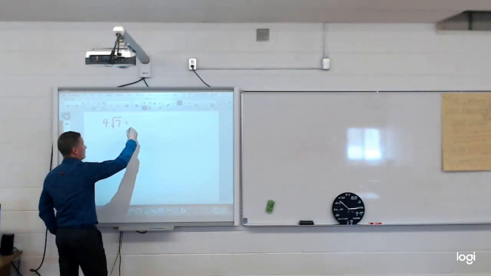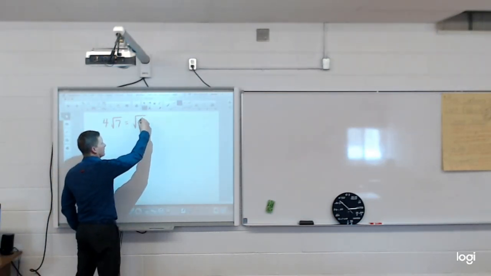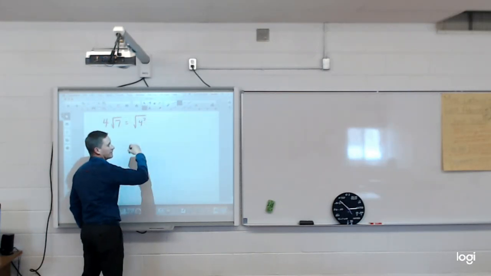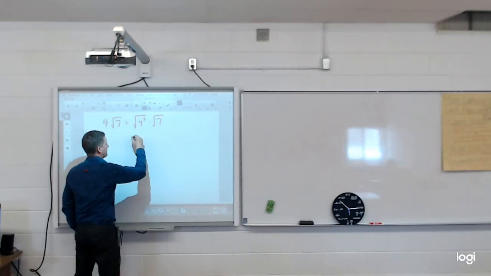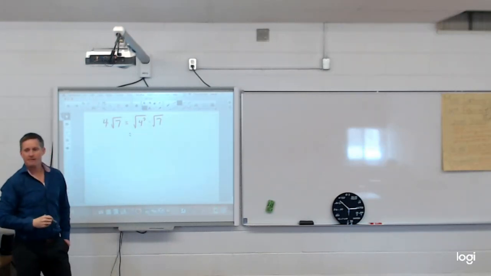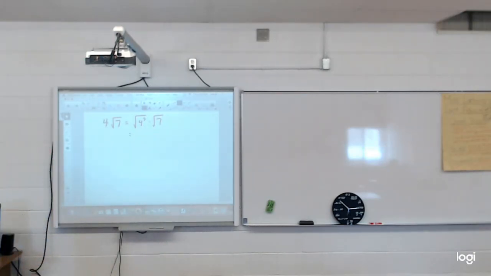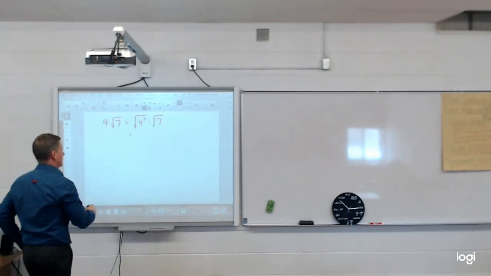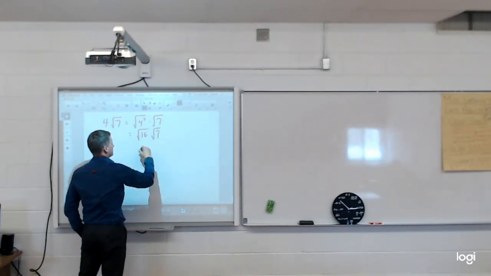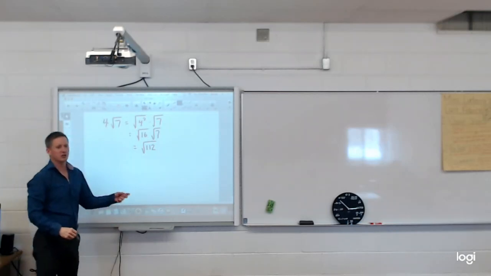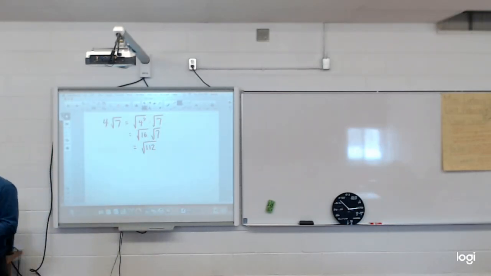So I go square root of 4 squared times root 7. Agreed? What is 4 squared? 16. What is 16 times root 7? 112. What was the largest perfect square that went into 112? 16 it was.